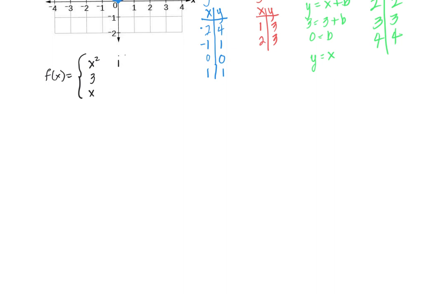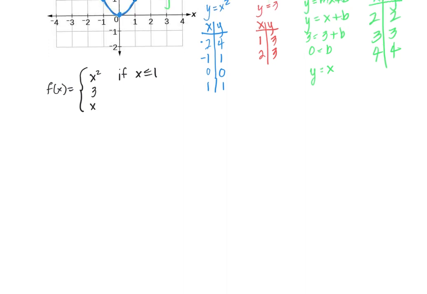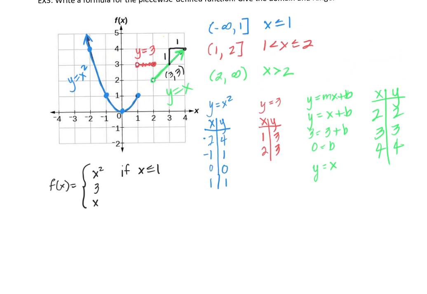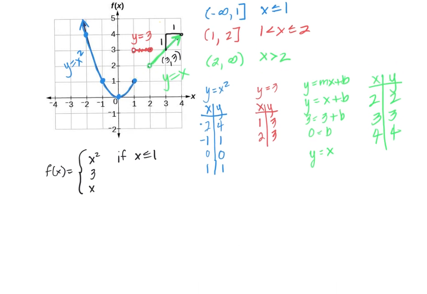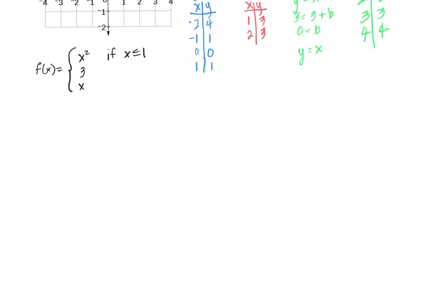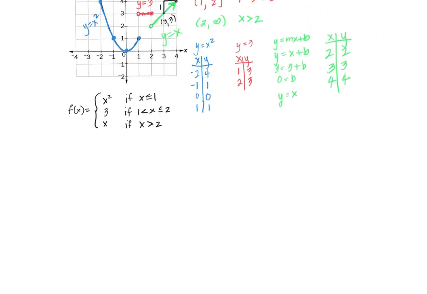So if x is less than or equal to 1, we look at our line y equal to 3, that corresponds to x is greater than 1 and less than or equal to 2. So 3 if x is greater than 1 and less than or equal to 2. And then for x, it was x greater than 2. All right, we defined our piecewise function.